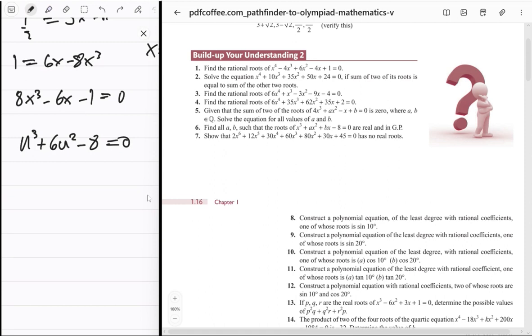If the first root was irrational, then this is an irrational polynomial. It cannot have both of its roots being rational, but they can both be irrational at the same time, right?